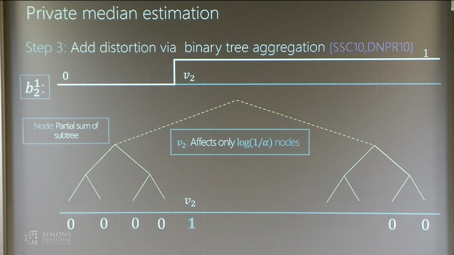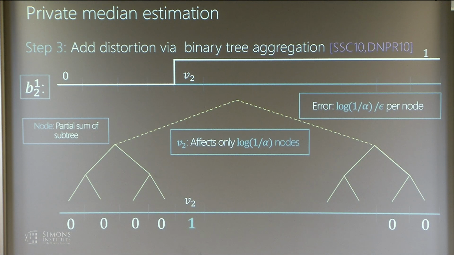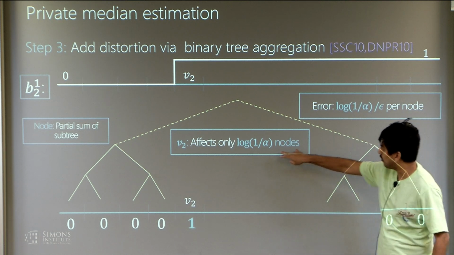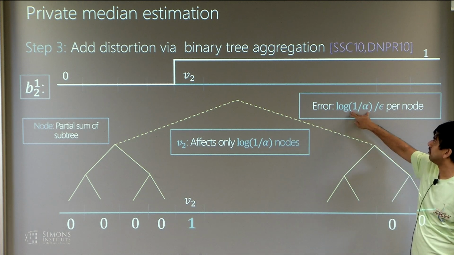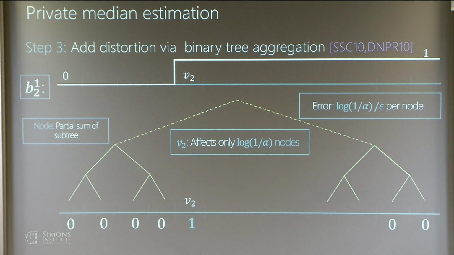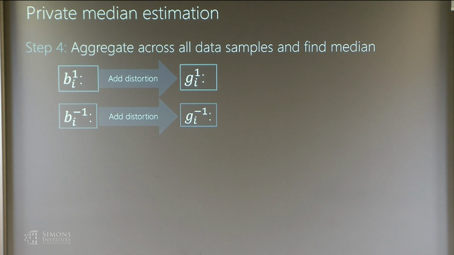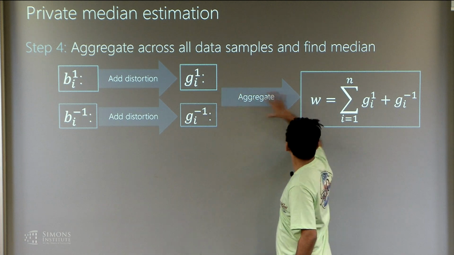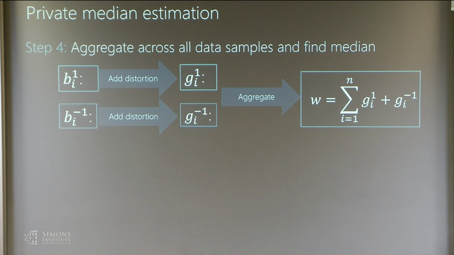Well, the error is like log(1/alpha)/epsilon per node, and since there are log(1/alpha) nodes, your error would go to log^(3/2)(1/alpha). So now the server aggregates these differentially private versions of the step functions and uses that to find out the median.